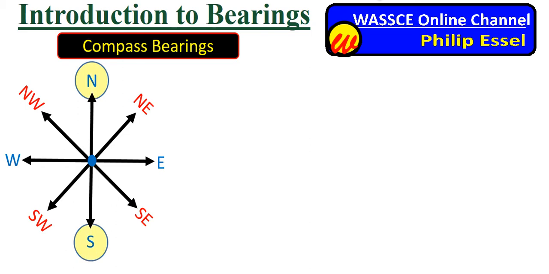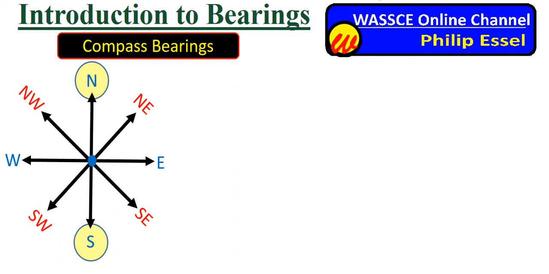So when a point is between the north and the east cardinal point, we refer to that point as northeast. Remember, we started from the reference point north to east. It would not be east north, but rather northeast.